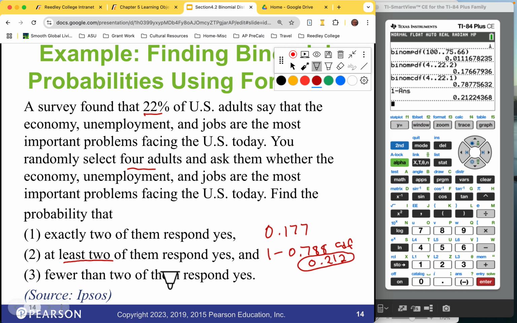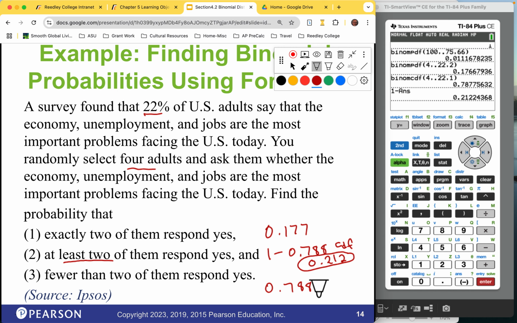But look at that. Fewer than 2 of them responded yes. I should have asked that one first, because didn't we calculate that? Fewer than 2 of them is 1 and 0. Oh, that's that one. So we didn't waste anything. We actually already got our answer, right? So that would have been definitely just a cumulative. You have to remember the cumulative is that number and below.